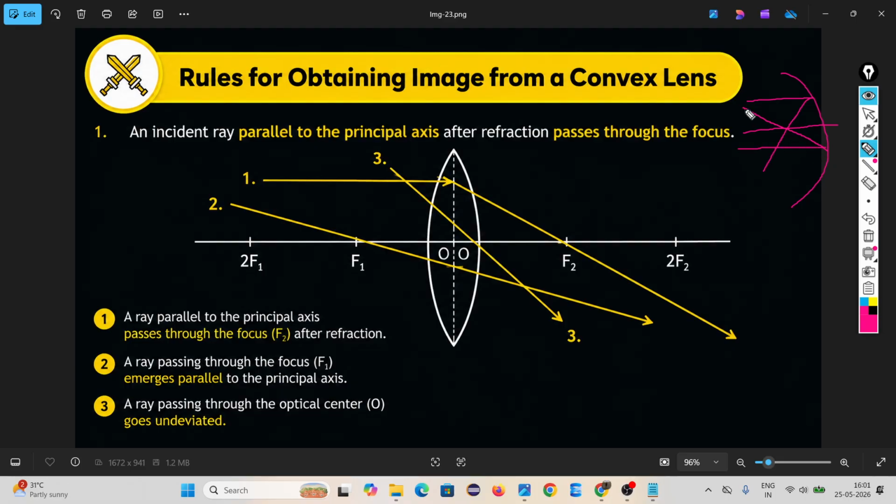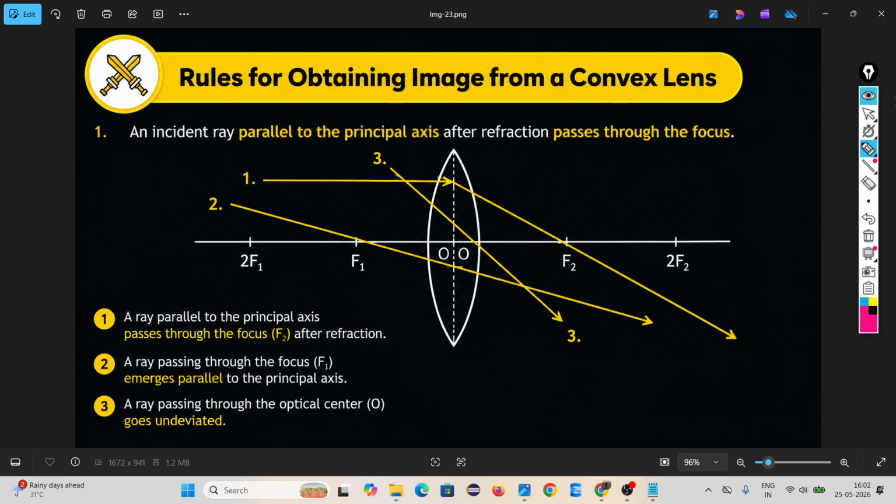If the light comes through the center of curvature, then it returns back. If a light comes through the pole, the angle of incidence is equal to the angle of reflection. These are the four rules we have already learned in the concave mirror.